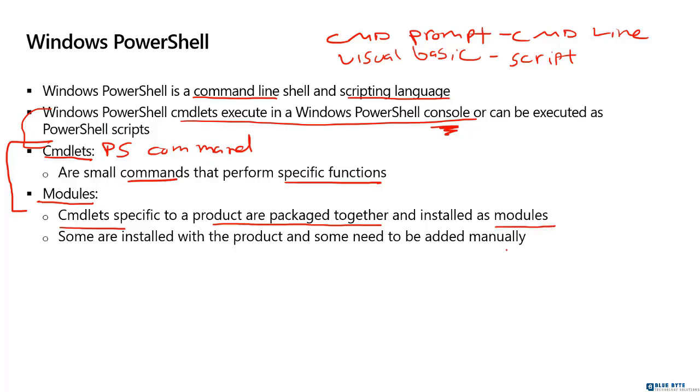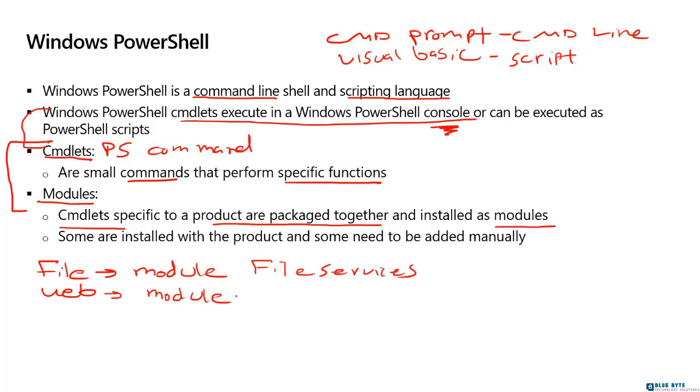modules. Now, an example of this, if you wanted a file server, a web server, anything like that, when you go through and you install the file services role on your server, it actually loads the PowerShell module for file services. If you install the web services role, it loads the module for web services.